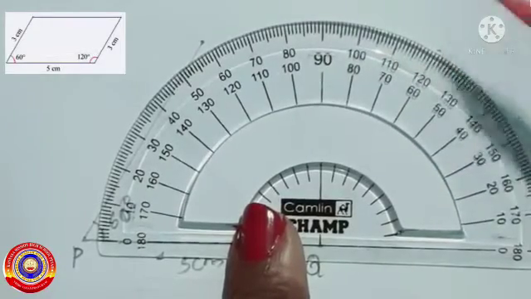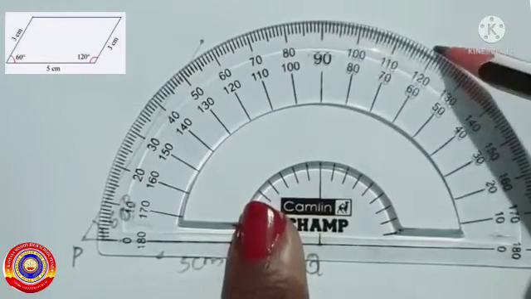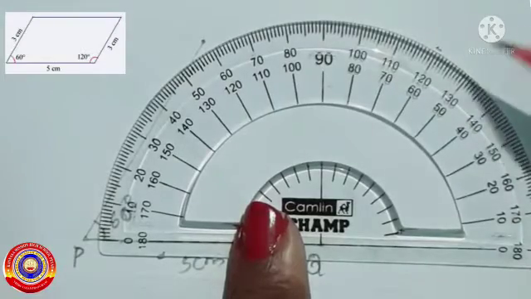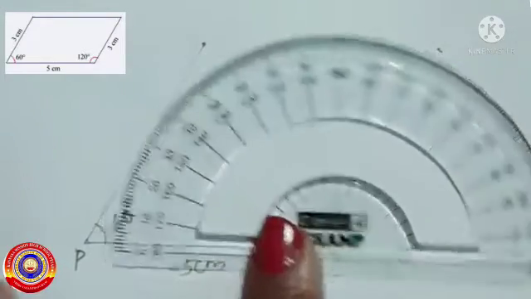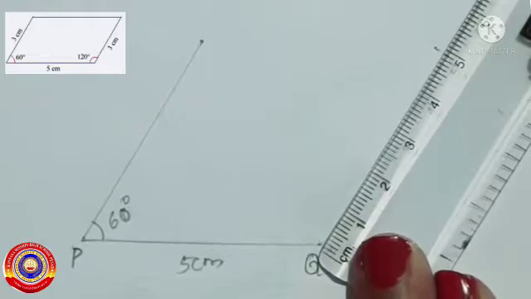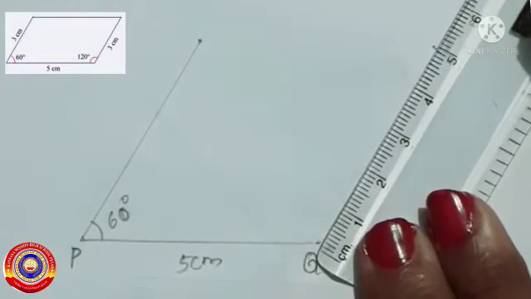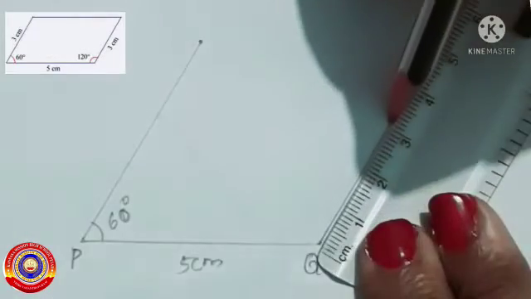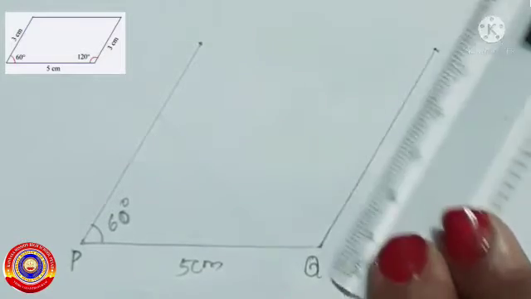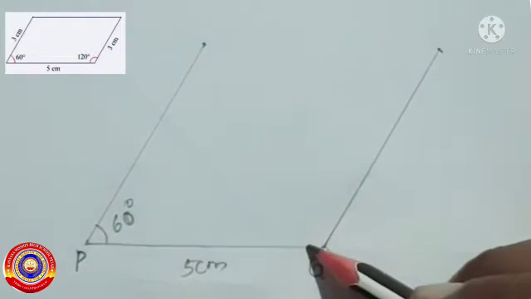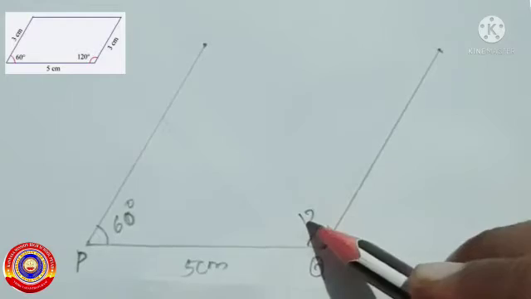Now mark a point at 120 degrees. Now take a ruler and draw a line joining these 2 points. Now mark 120 degrees there.